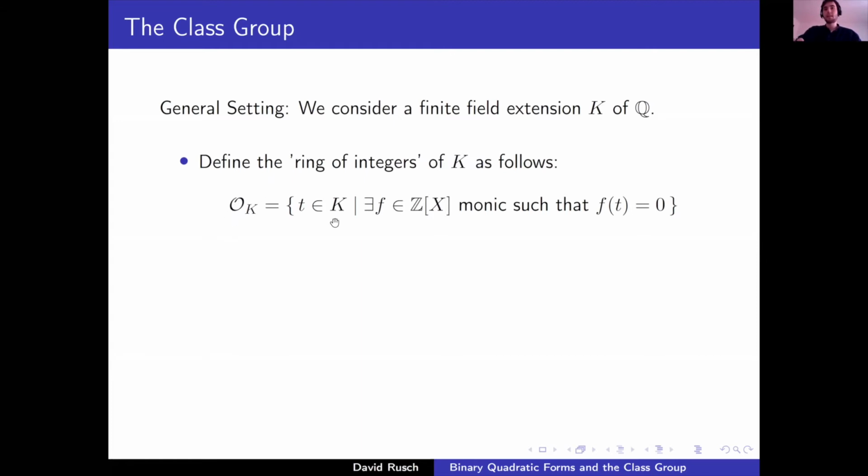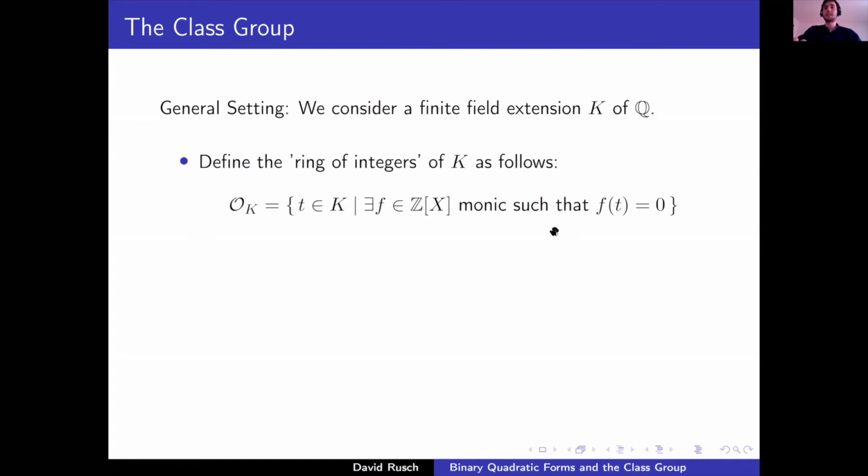And this just consists of the elements of K that are roots of a monic polynomial with integer coefficients. So you might recognize this thing as being an integral ring extension. And in fact, O_K is integrally closed in its field of fractions K.